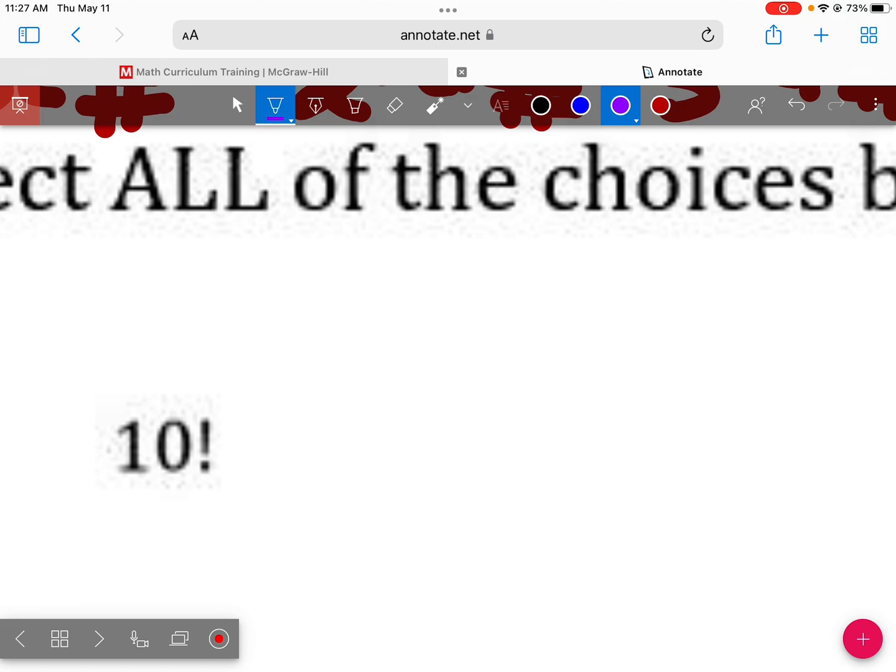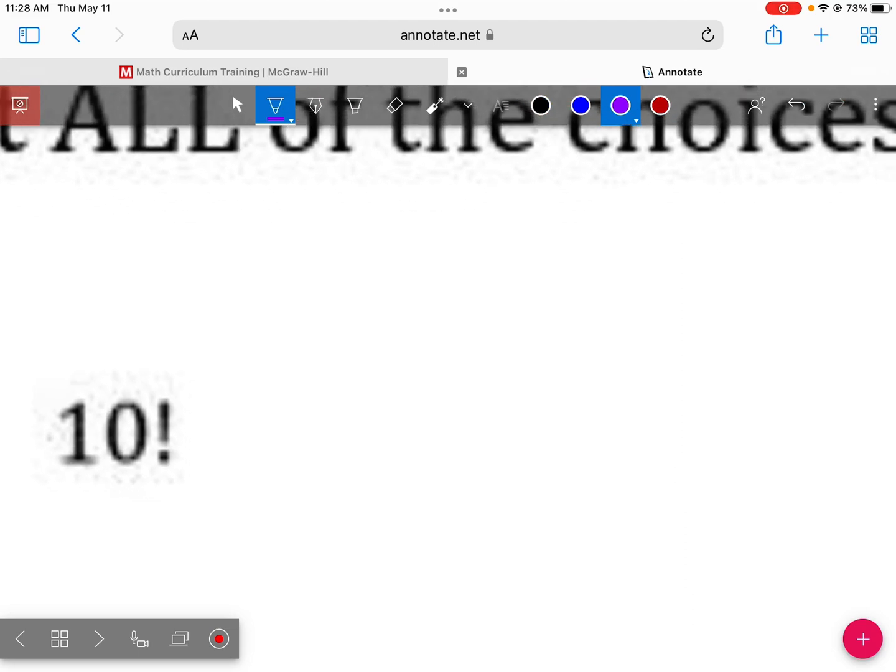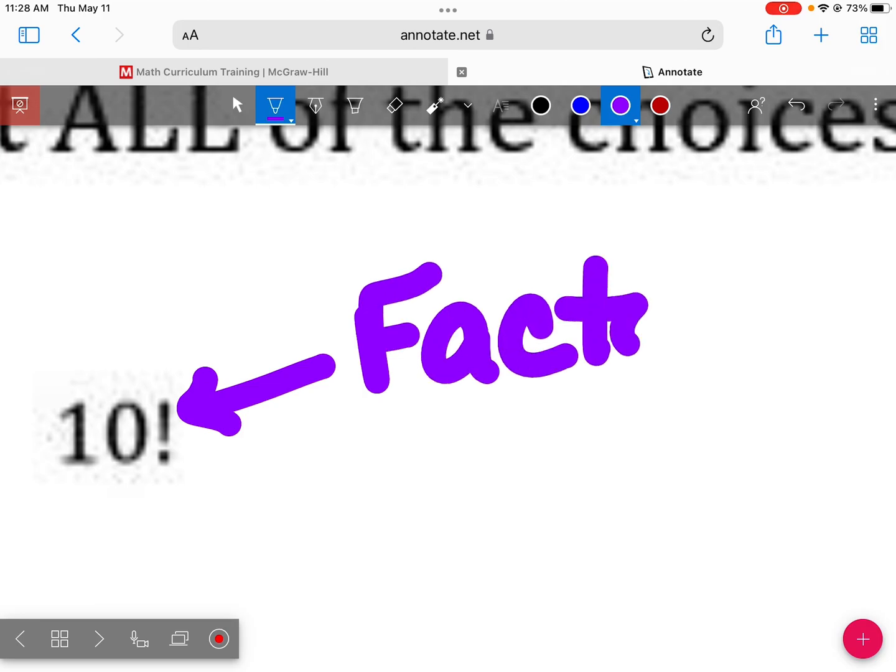Close, but no. What do we call the exclamation point? Fundamental counting principle, that's what we used here. Factorial. This is a factorial.